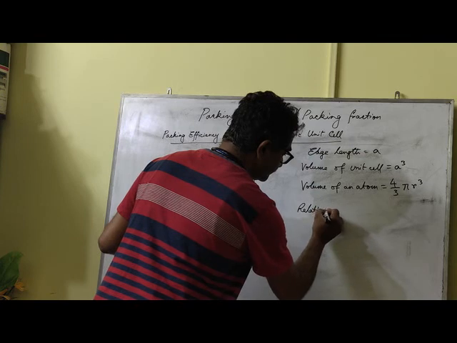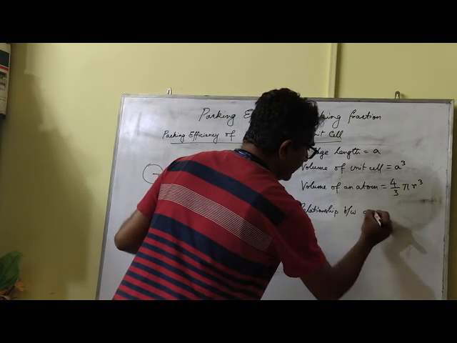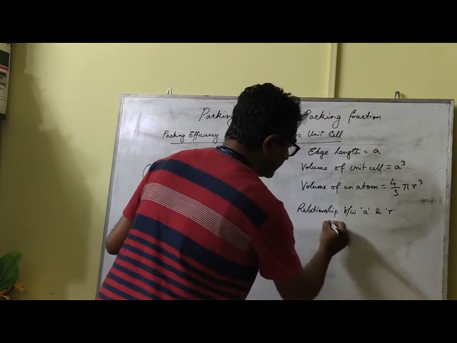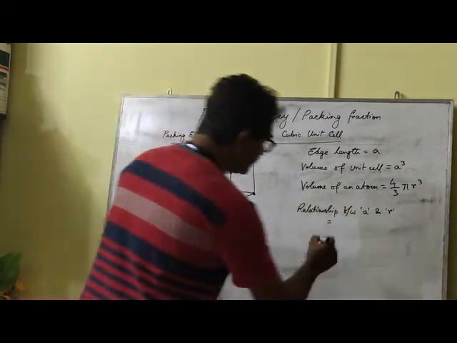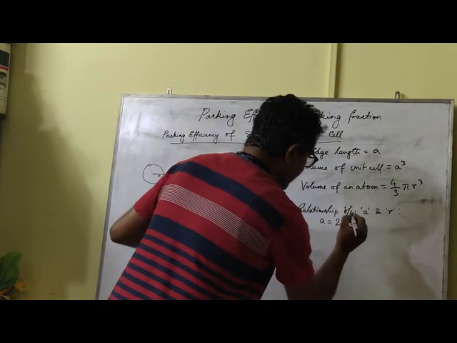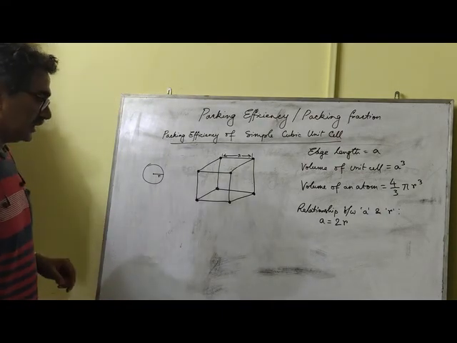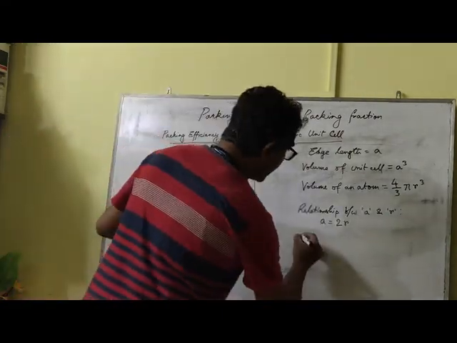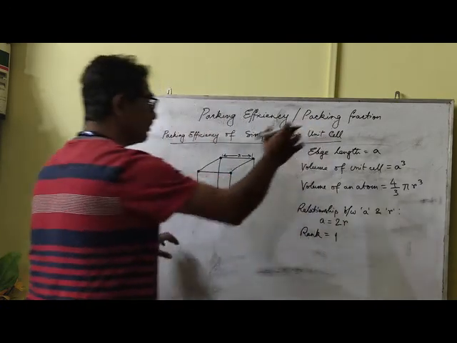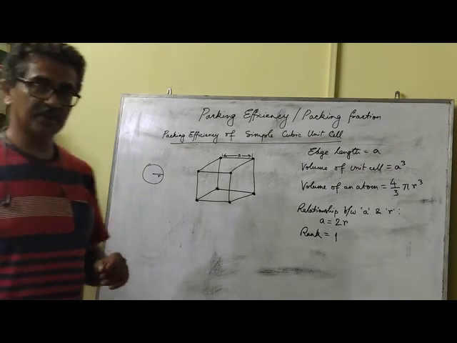Relationship between a and r is a equal to twice of r. I have shown this to you before this, and we have the rank as 1. So these are a few parameters which we require for calculating the packing efficiency of simple cubic unit cell.